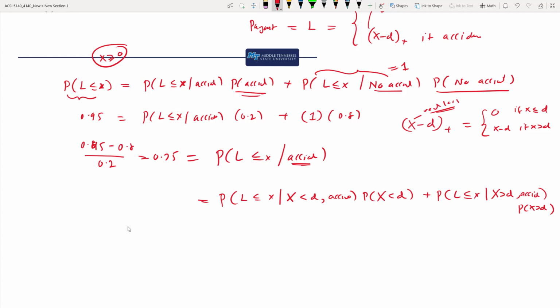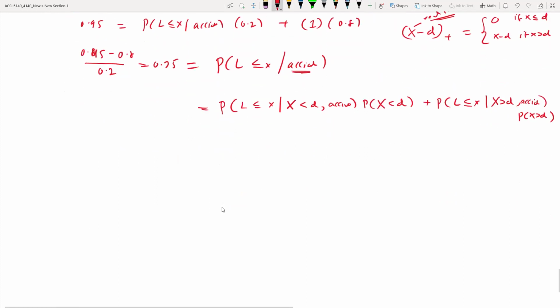Okay, so let me maybe expand this a little bit more. We know that L is x minus d, so I can substitute it here. I'm going to remove this, just to make it look nice. We know that this is under accident.